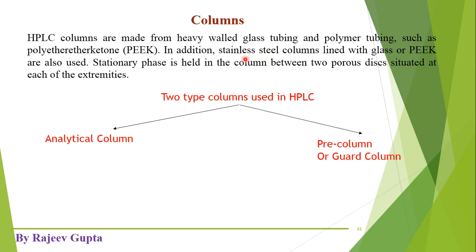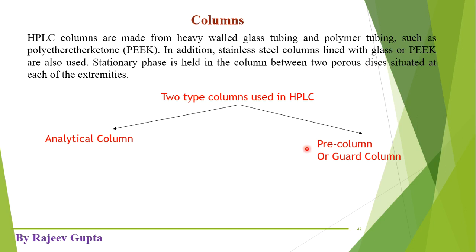It could react with solvents over time. The stationary phase is held in the column between two porous discs situated at each of the extremities. Here the stationary phase, generally silica gel, is filled in the column between two porous discs. These two porous discs hold the stationary phase inside the column very tightly.